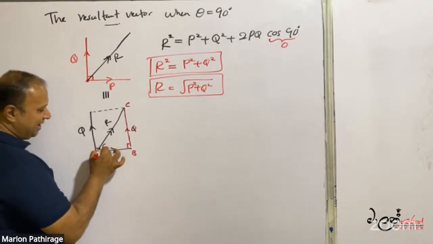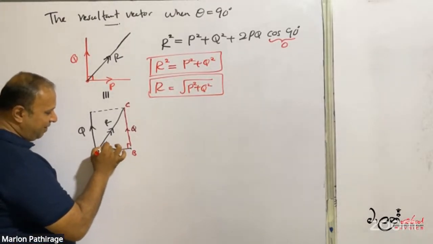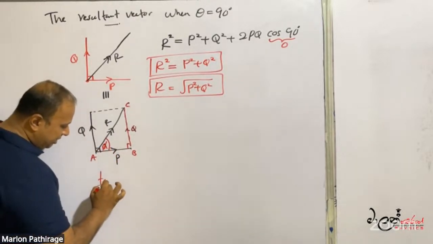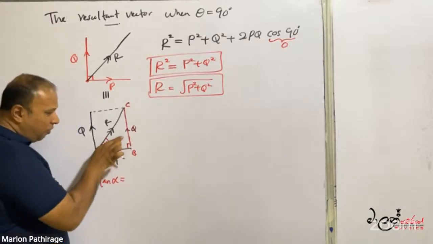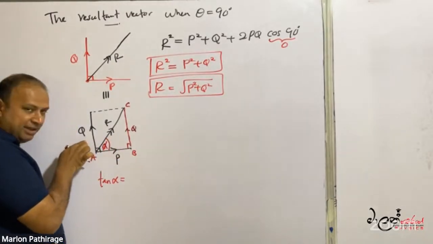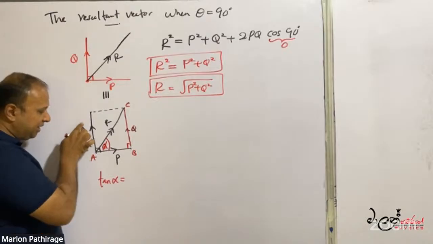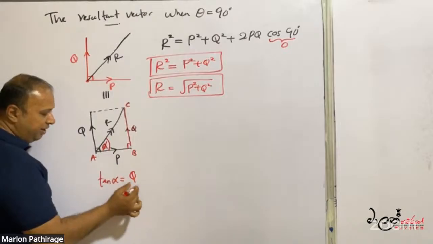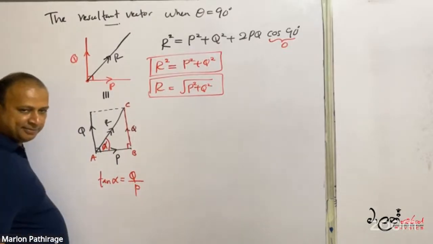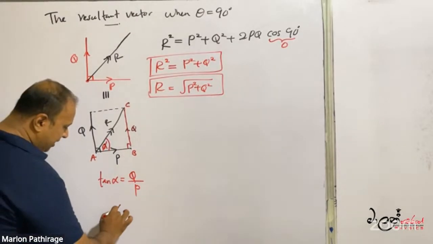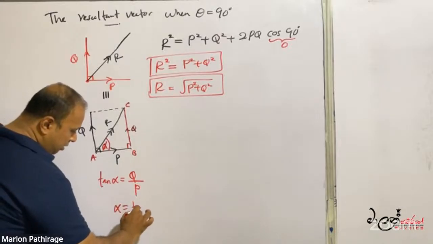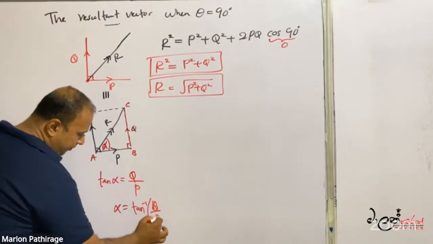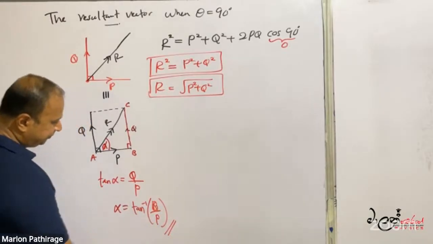And if this angle is alpha, then tan alpha is equal to opposite side over adjacent side, that means Q over P. Therefore, alpha is equal to tan inverse Q over P.